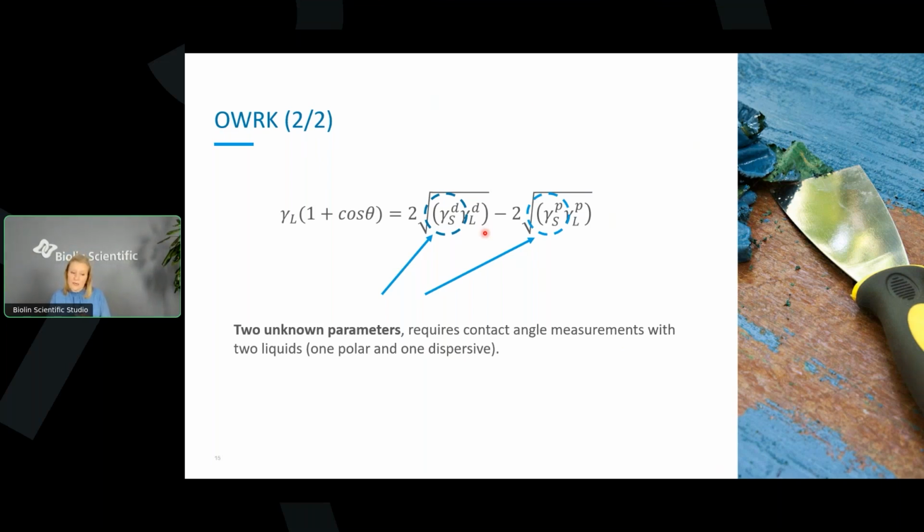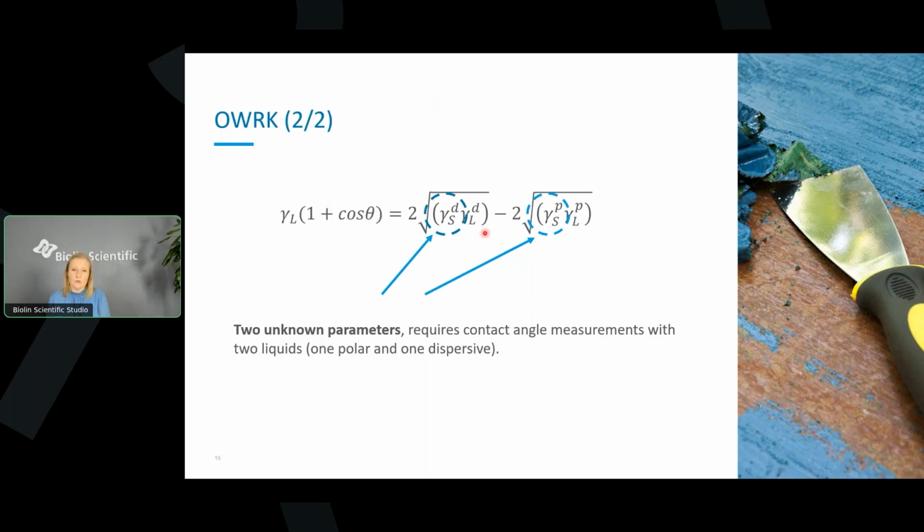And the most typical liquid used here is water, of course, because it has both polar and dispersive parts. But then as another liquid, you need to use a dispersive liquid, which has a significant dispersive component. And this is a little bit of a challenge because, as I said in the assumptions, the surface tension of the liquid that you use needs to be higher than the expected surface free energy of your surface.